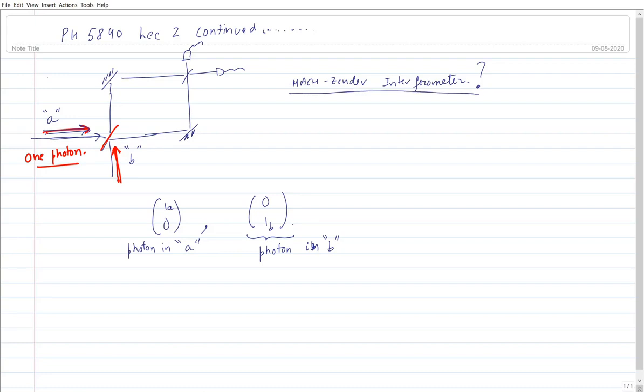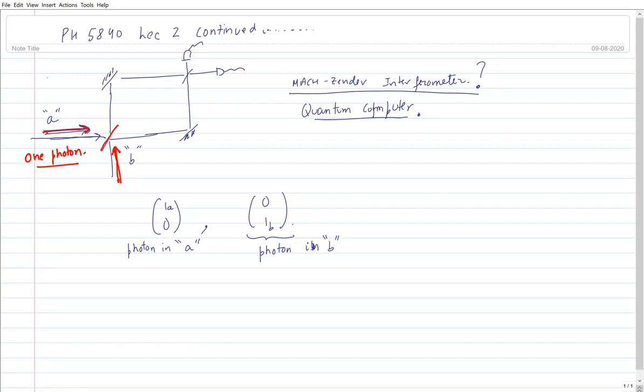To get the rabbit out of the hat, the Mach-Zehnder interferometer for you guys is your first quantum computer. Of course, we need to make the interferometer work like a computer or put some other bells and whistles into it.